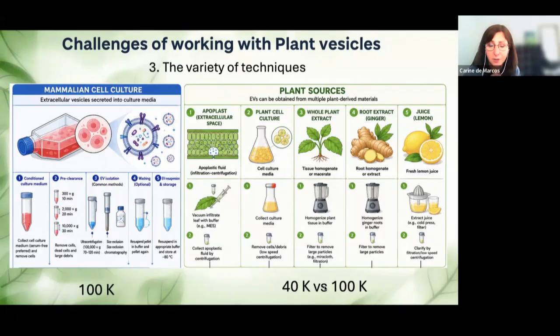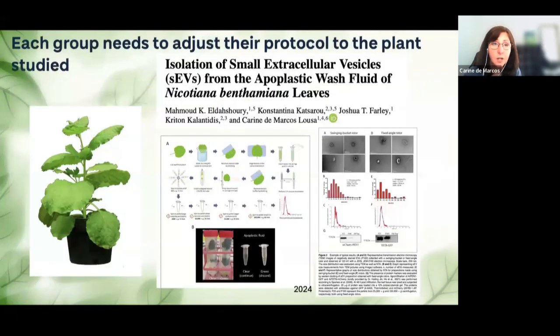The plant field is currently debating on whether the 40,000 G and the 100,000 G pellets are similar or represent different types of extracellular vesicles. And we seem to agree now on the fact that they represent different types of extracellular vesicles. And we are currently trying to understand a little bit more and to characterize these types of vesicles.